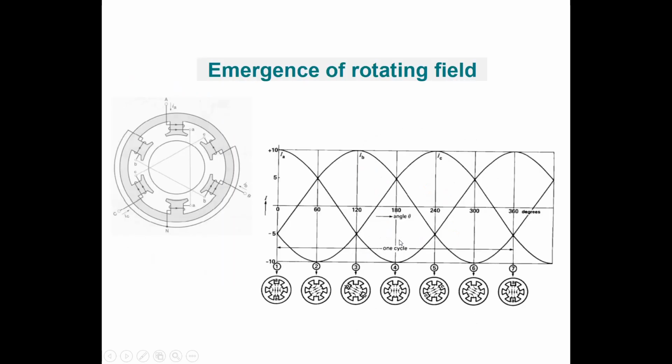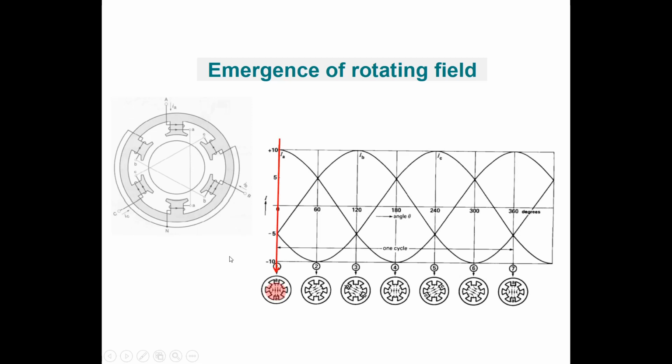Right, so how does that rotating field in the stator work? We have here the three coils which are situated 120 degrees separated from each other. And we have three voltages applied to these three coils, and these voltages also have a phase shift of 120 degrees.